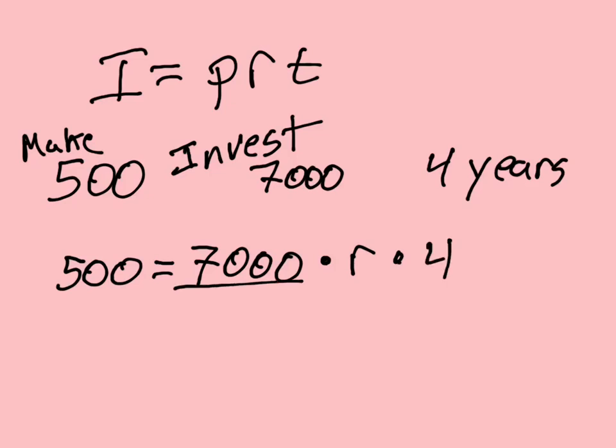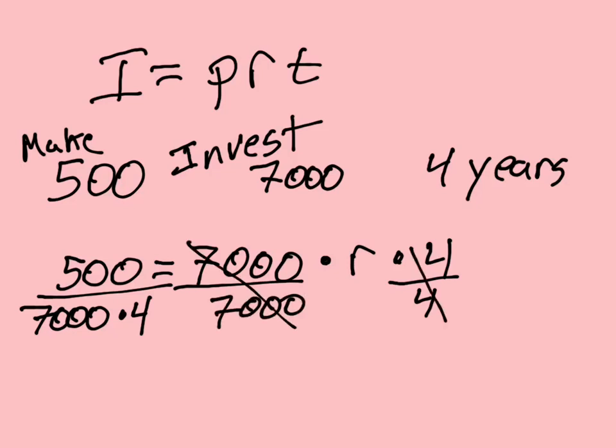That means if I divide by 7,000 and I divide by 4, then what I can do is figure out what R is. And R then is 500 divided by parentheses 7,000 times 4. Now that has to be in parentheses.